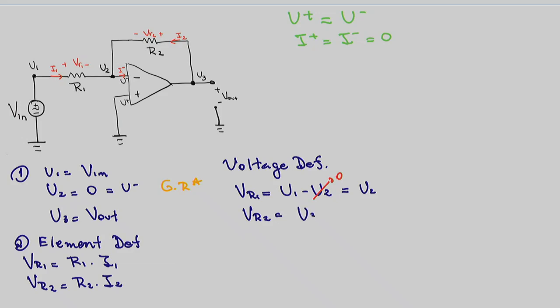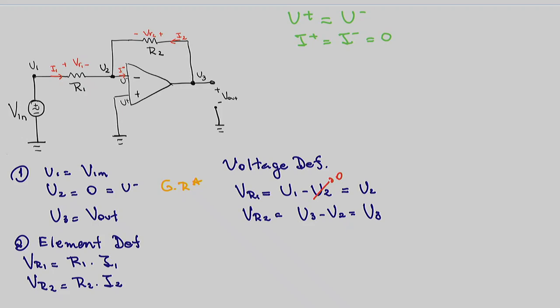U3 minus U2. So the voltage across resistor 2 is U3, and we know that U3 is V out.